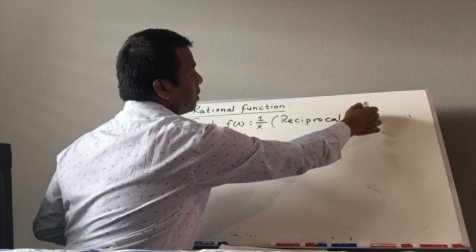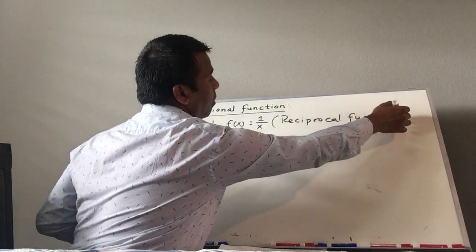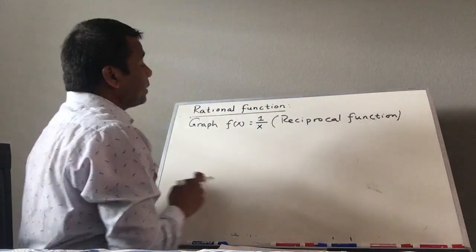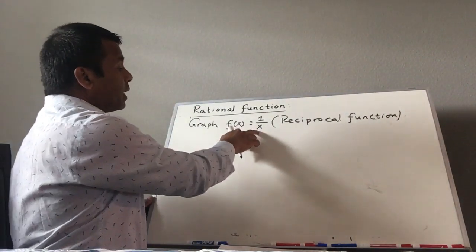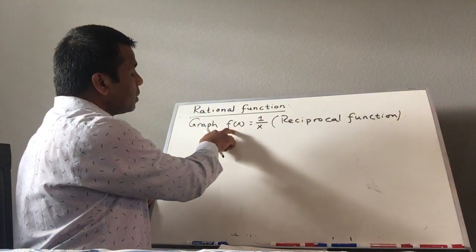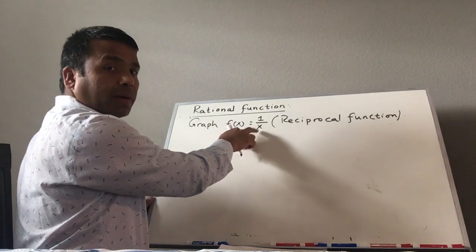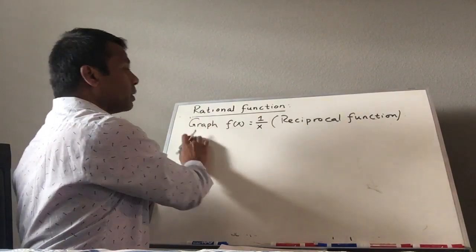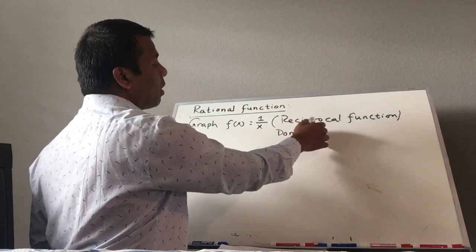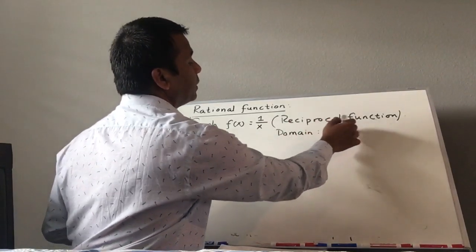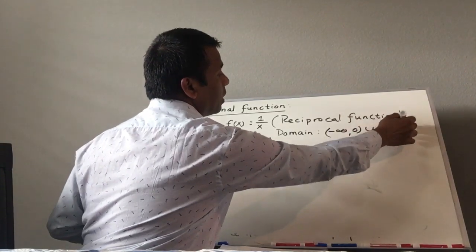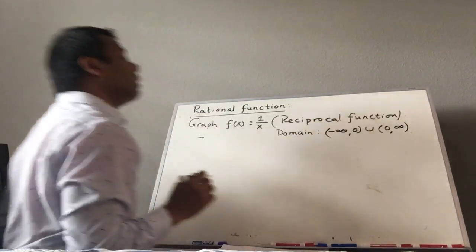When x equals 0, this function is undefined, so 0 cannot be the value of x, and obviously the domain is the set of all non-zero real numbers. So this is negative infinity comma 0 union 0 comma positive infinity.